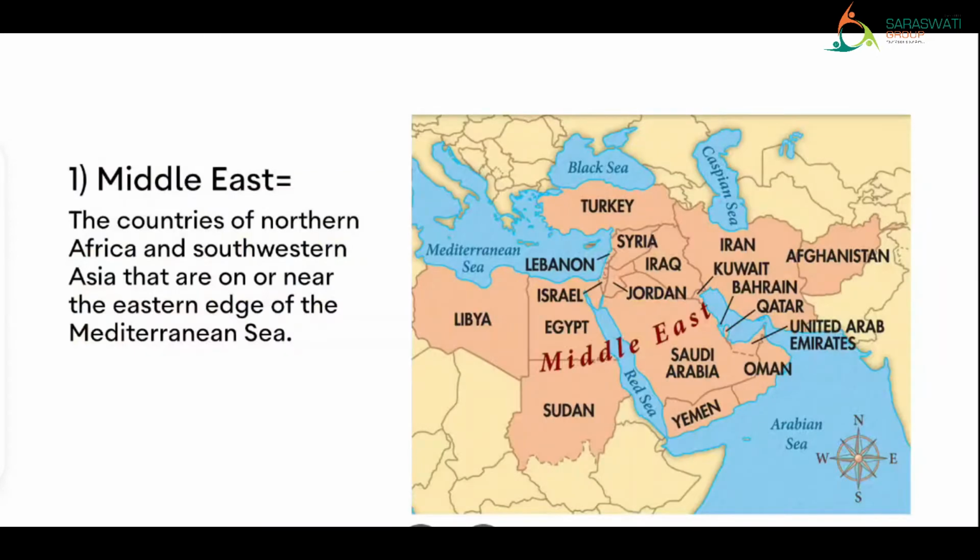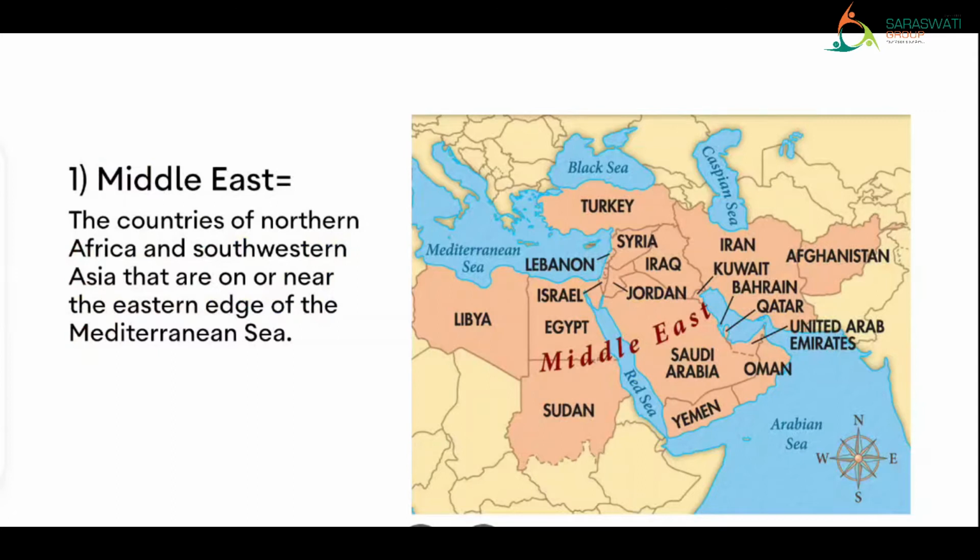First word, Middle East. Middle East means the countries of Northern Africa and Southwestern Asia that are on or near the eastern edge of the Mediterranean Sea. They are all together collectively called Middle East.